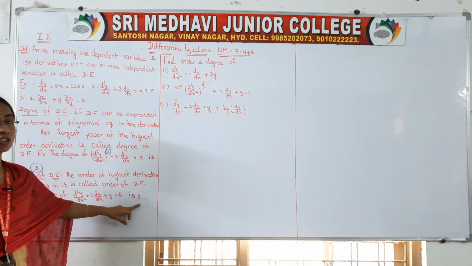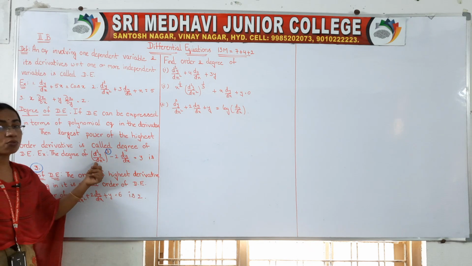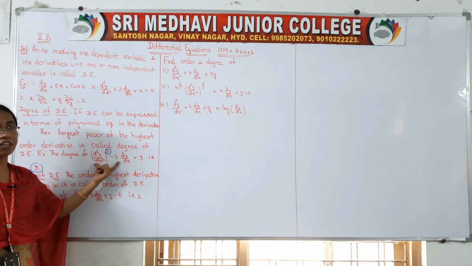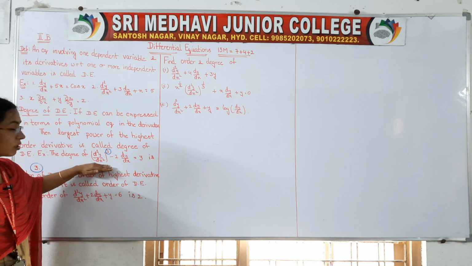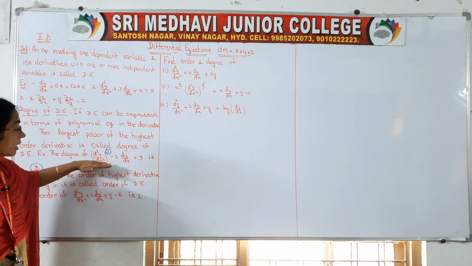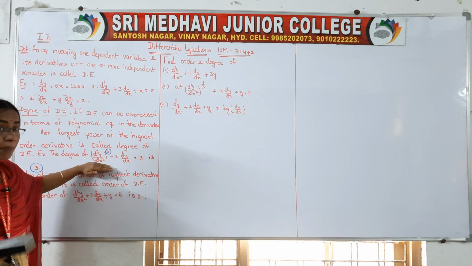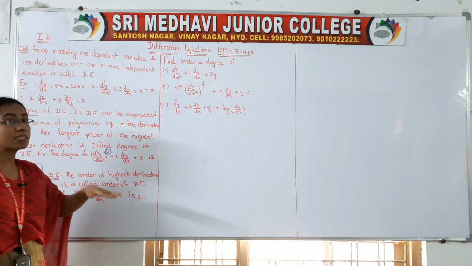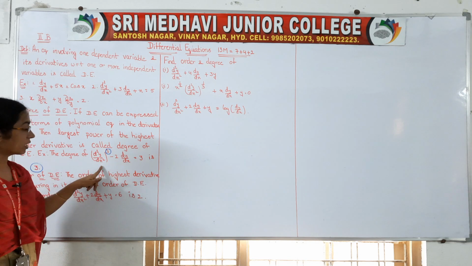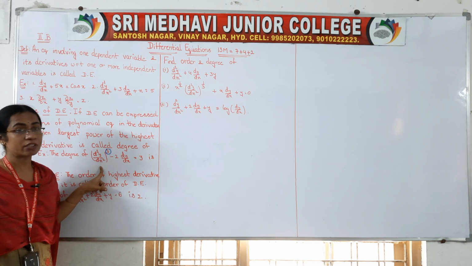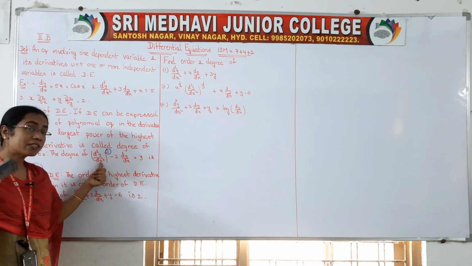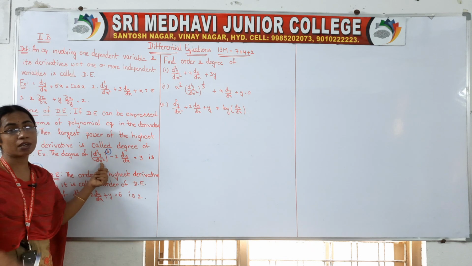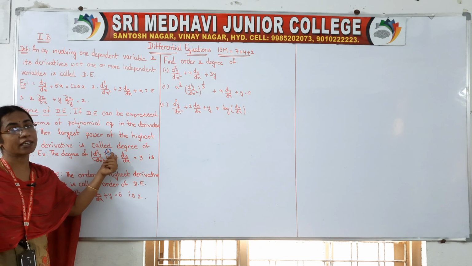So its order is 2. Suppose here we want to find the order for this equation. Here the higher order term again is d square y by dx square. The maximum number of times it is differentiated is 2 times, and that is called its order. So for this problem your order is 2, and the highest order term's power is called its degree. So its degree is 3.